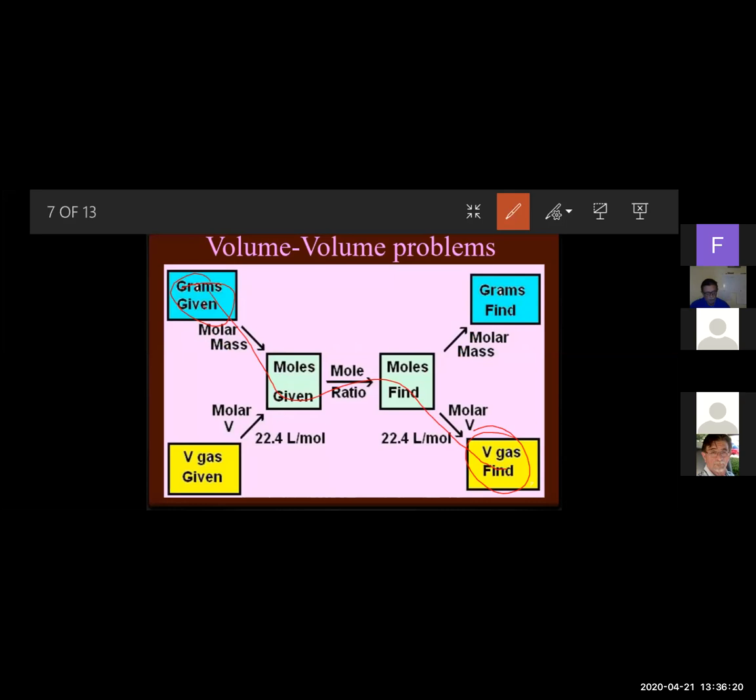We can go from grams given down here to the left to calculate how many moles of gas I need of a compound that is gas at STP, okay? But you're not limited in that direction. If you need to find out how many grams you need to make, you can go back to the beginning. So it's getting messy there.